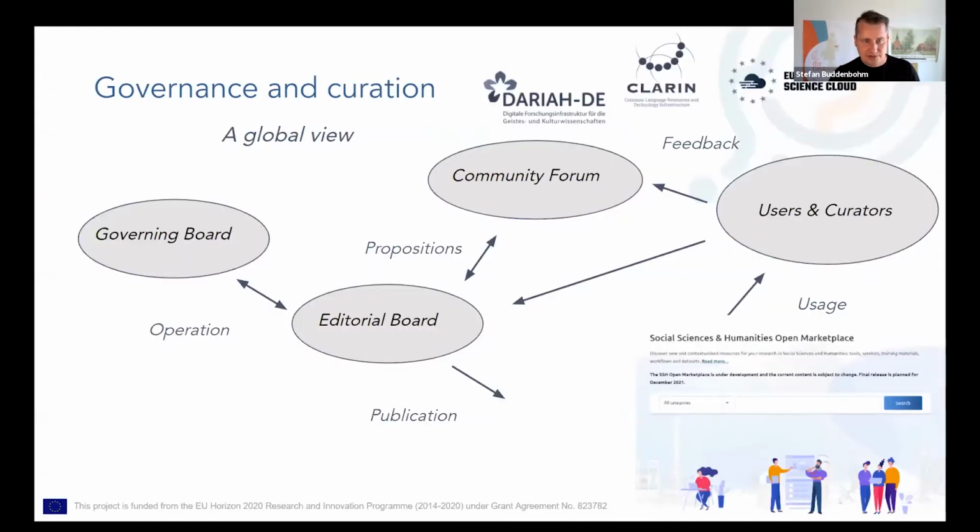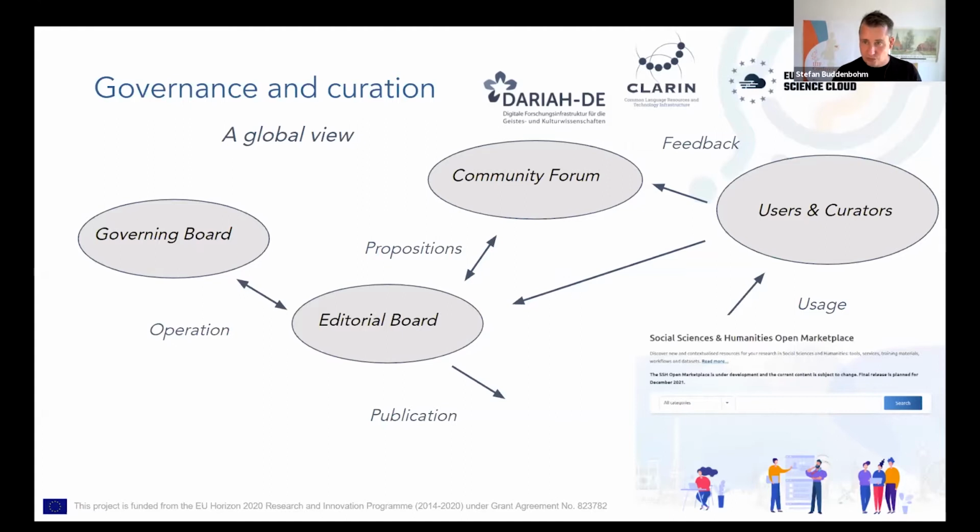A bit simpler here is this very simplified screenshot of the governance structure of the marketplace. The four bubbles you see on this slide are basically interfaces connecting to stakeholders of the service.